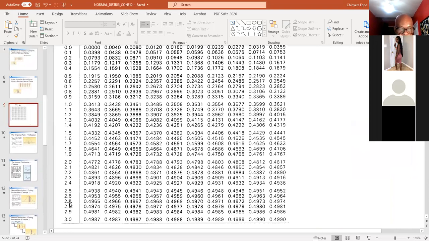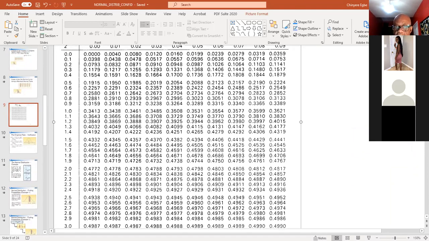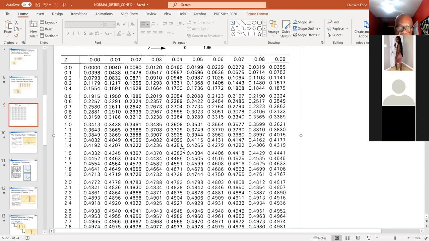Do you see 2.7 there? Yes. Okay, and you go until you get under 0.08. So that is 2.78. What is the area of the curve between 0 and 2.78?